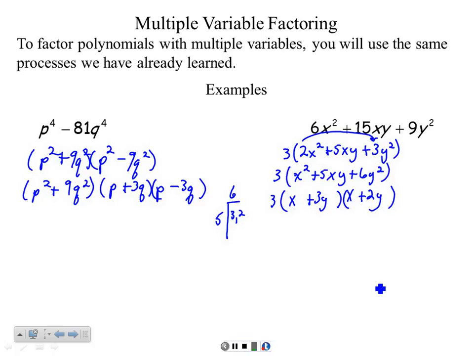Now we're going to divide a 2 back out, because we multiplied a 2 in initially. So we'll have 3 times, this won't reduce, plus 3 halves y. And then this one will reduce, so we'll have x plus y. And then bottoms up, so we'll have 3 times 2x plus 3y times x plus y.